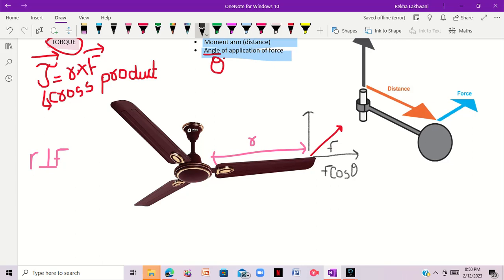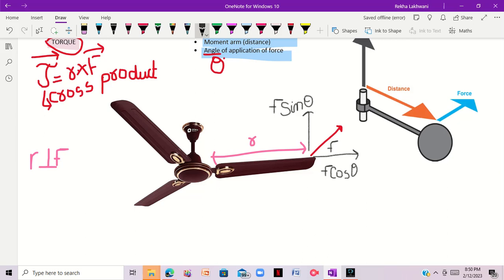The other component is known as F sine theta.